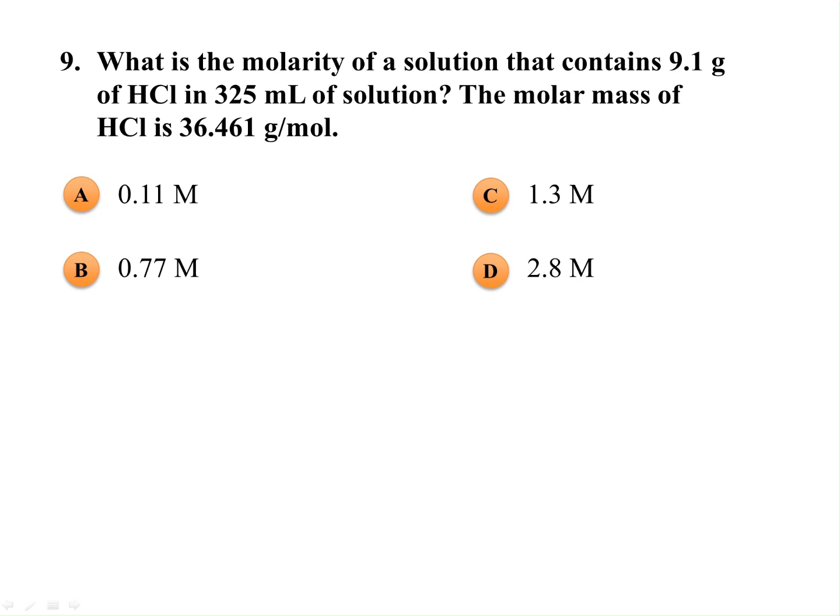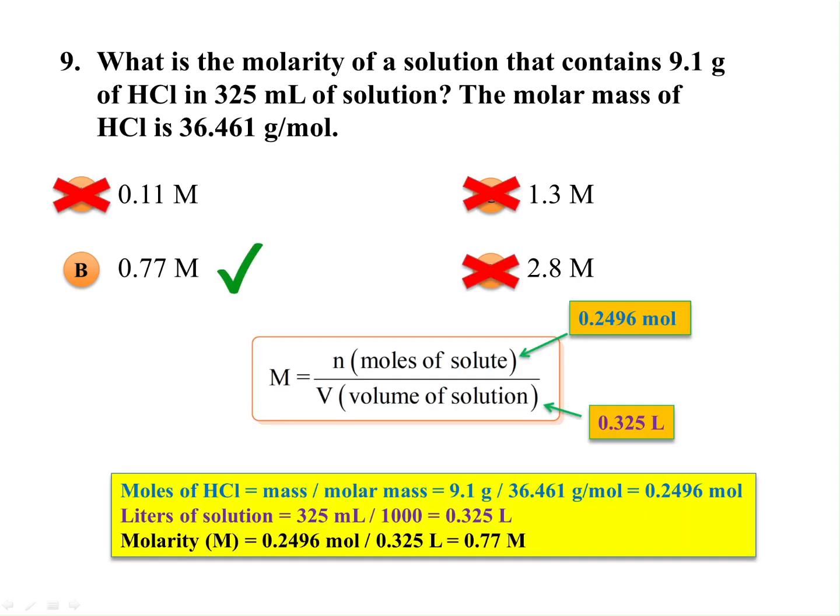The correct answer is B, because in order to get the molarity, you have to divide the number of moles of solute over the volume of solution. And here, the number of moles of HCl is the mass divided by the molar mass. And also, we converted the 325 milliliters into liters.